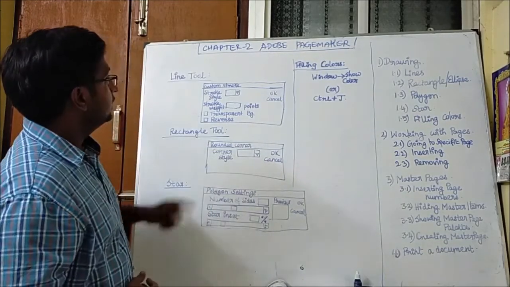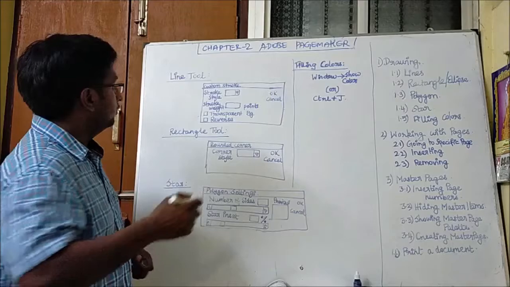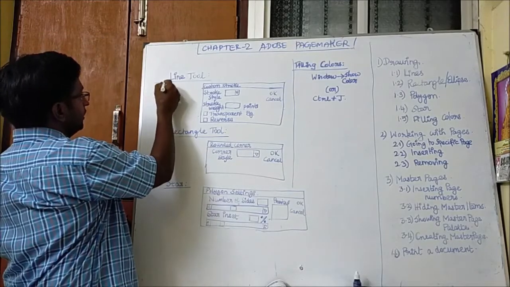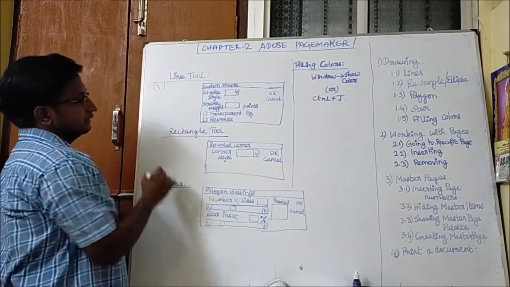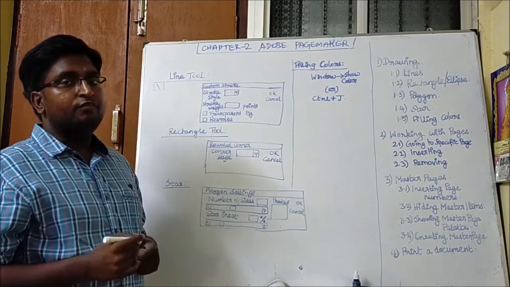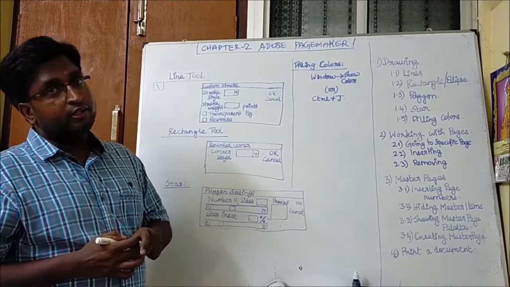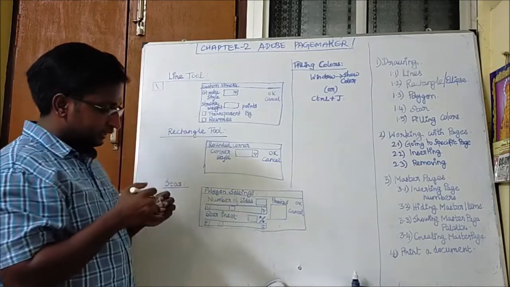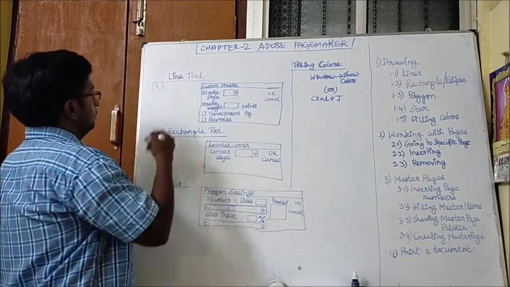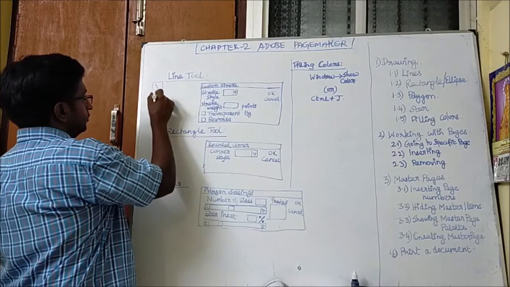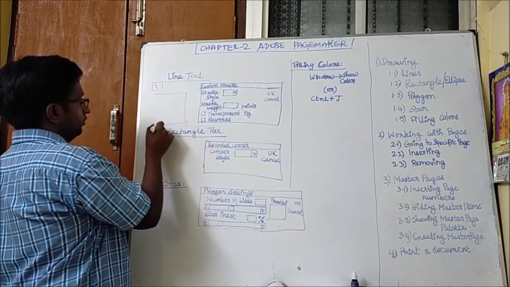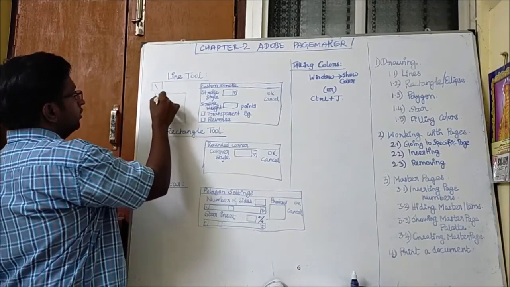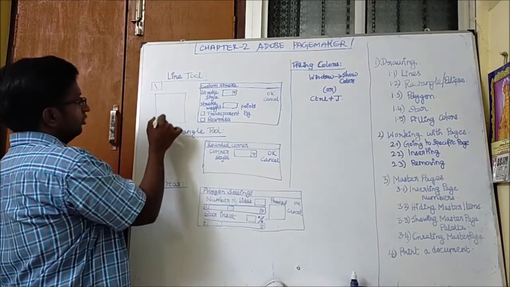The first one is the line tool. We have discussed already, the line tool is a slash. It may be a freehand tool or the constraint line tool. By selecting the tool, assume this is the page.